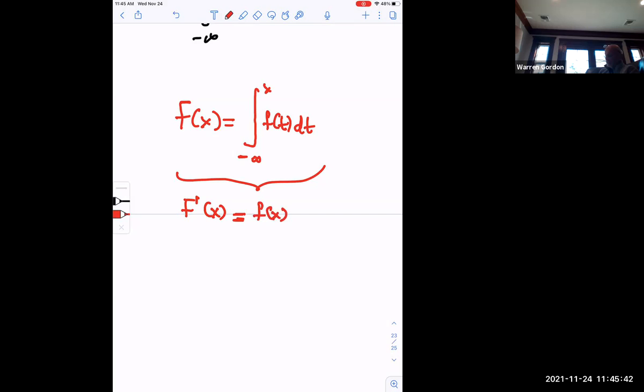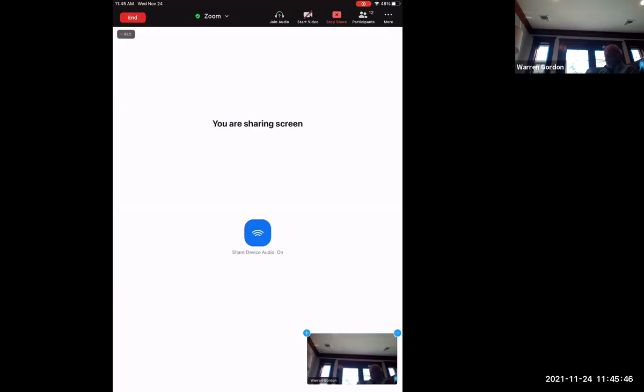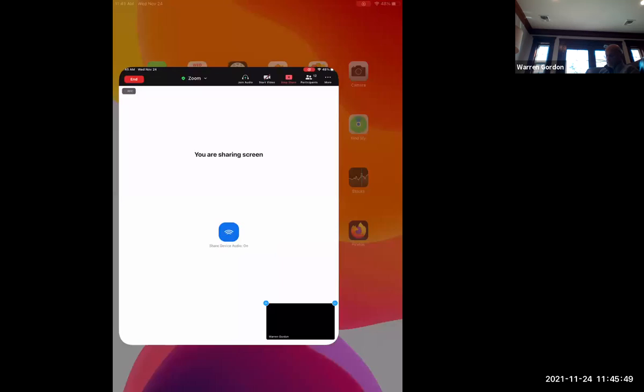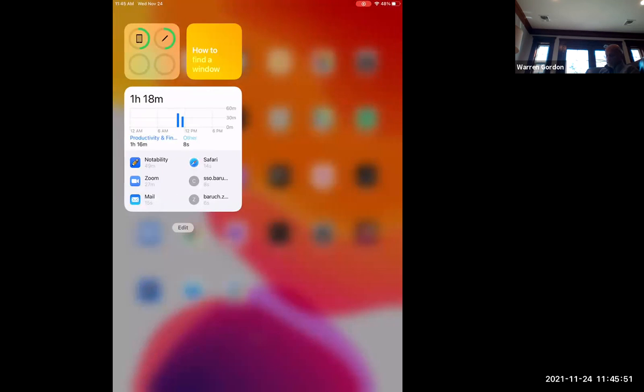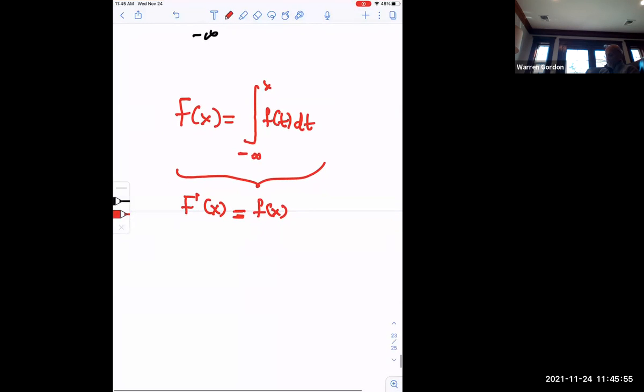Which means, given the CDF, you can always recover the PDF by taking the derivative.